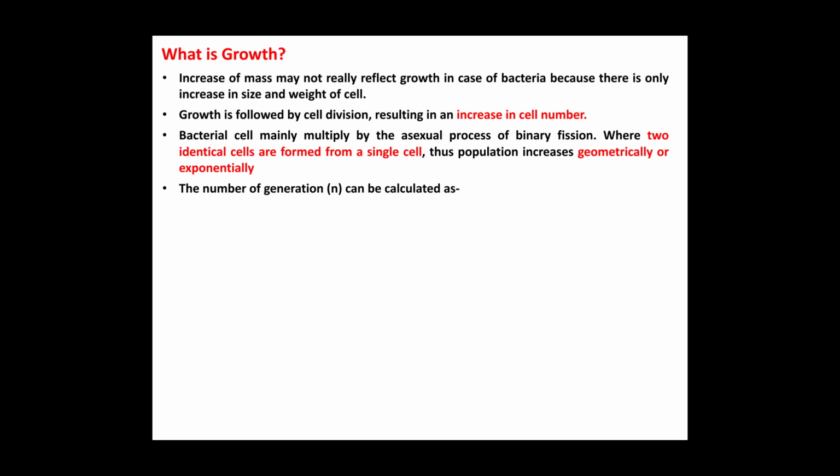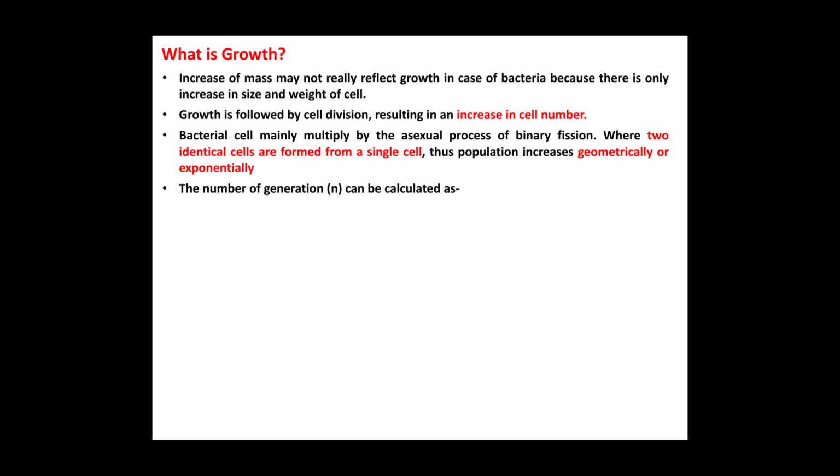Bacterial cells mainly multiply by an asexual process of binary fission where two identical cells are formed from a single cell. Thus the population increases geometrically or exponentially.